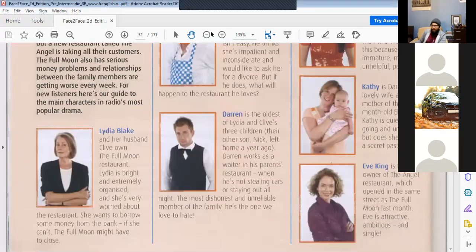Can you see any adjectives with the prefix? We have two. Can you see that? Unreliable. Right.